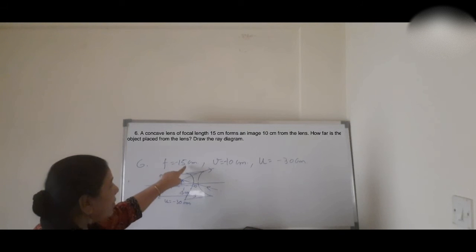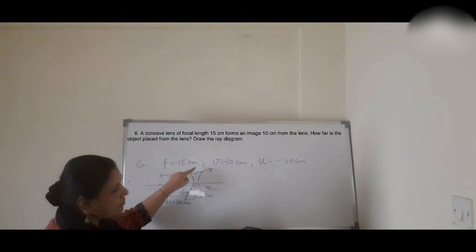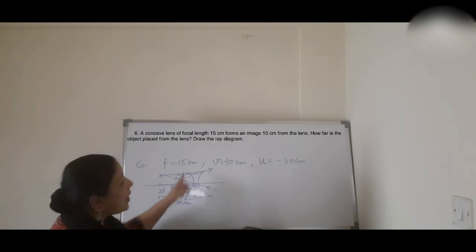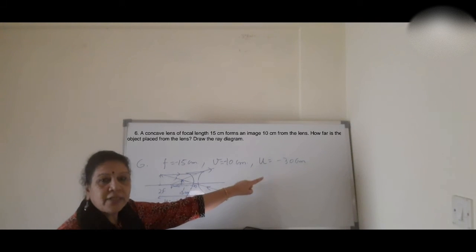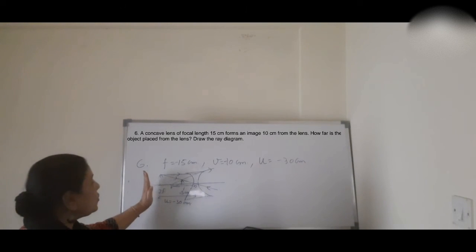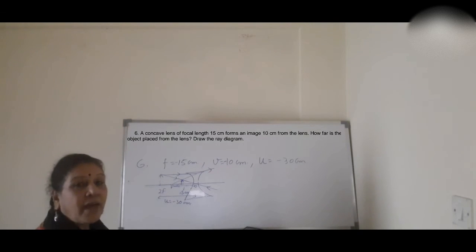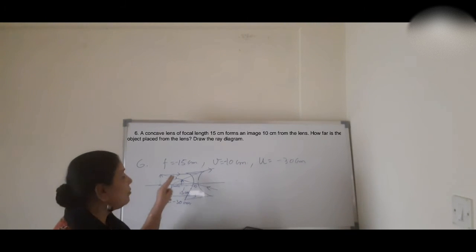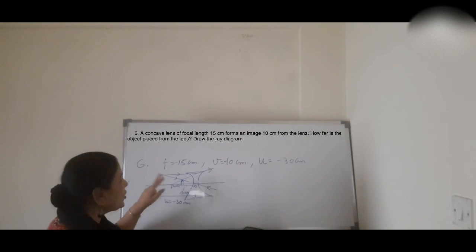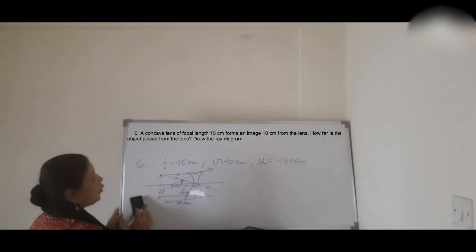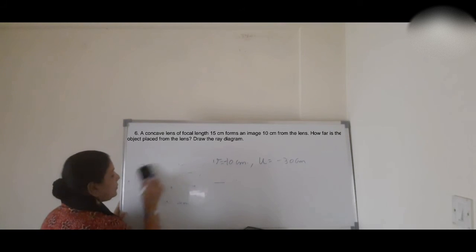So F is minus 15, so 2F, or the radius of curvature, will be minus 30. The object is also placed at 30 centimeter, as we calculated. So this will be the diagram for concave. You have to take only these two rays and produce it backward, it should go through F. So this is the ray diagram for question number 6. I hope it's clear to you.